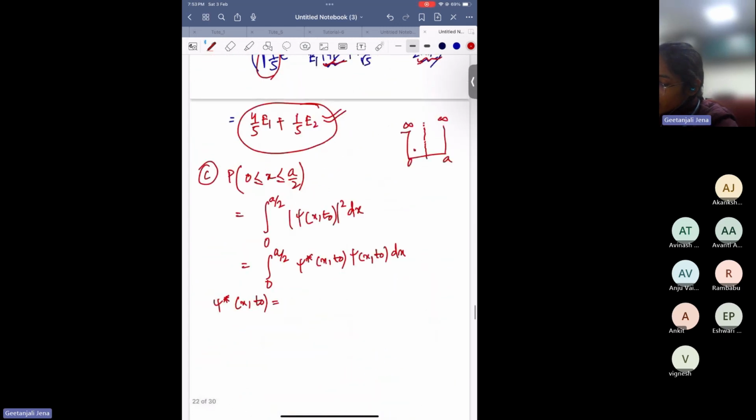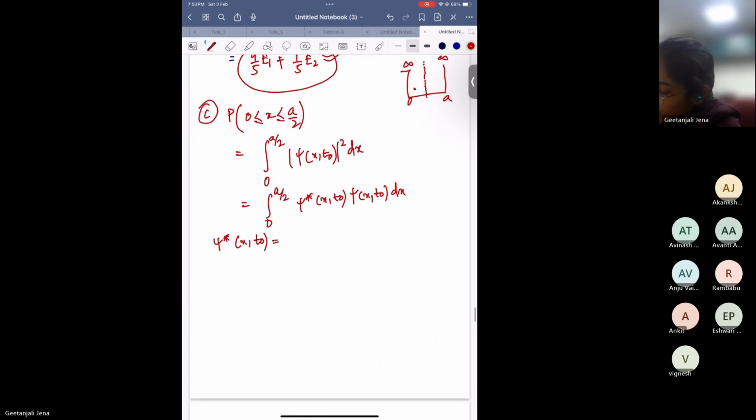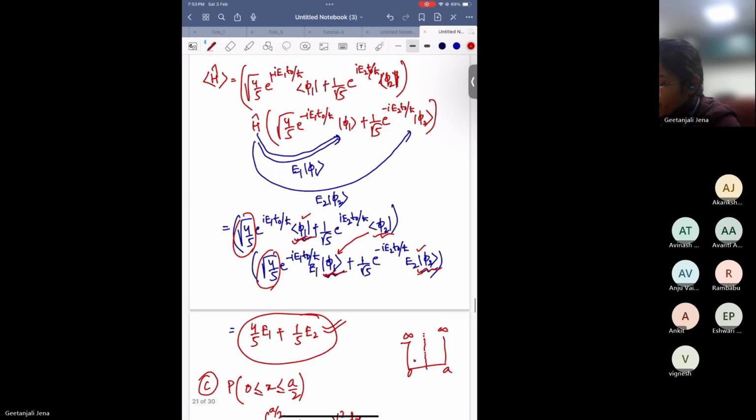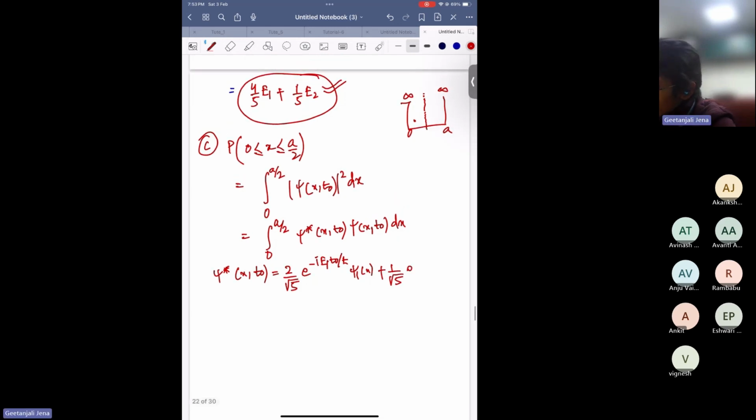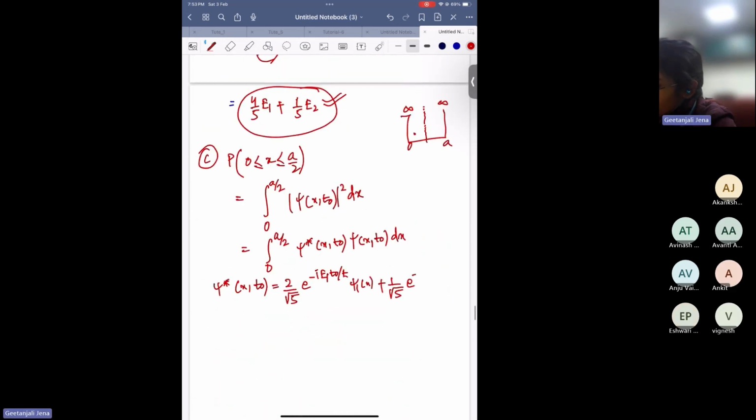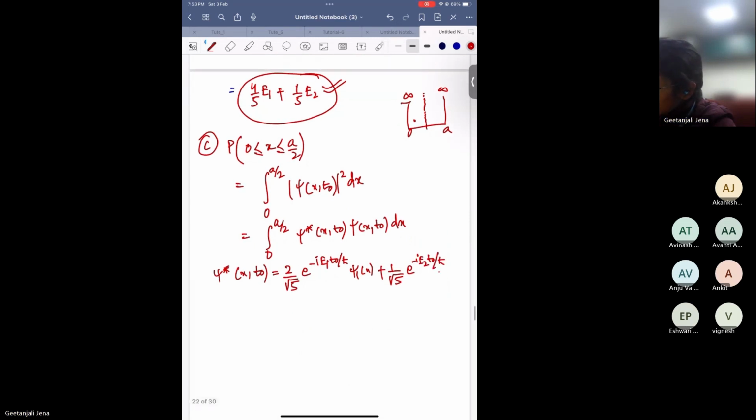So this psi of x,t0 is nothing but root over 4 by 5 e to the power minus i E1 t0 by h cut psi 1 of x, plus another term, 1 by root over 5 e to the power minus i E2 t0 by h cut psi 2 of x.